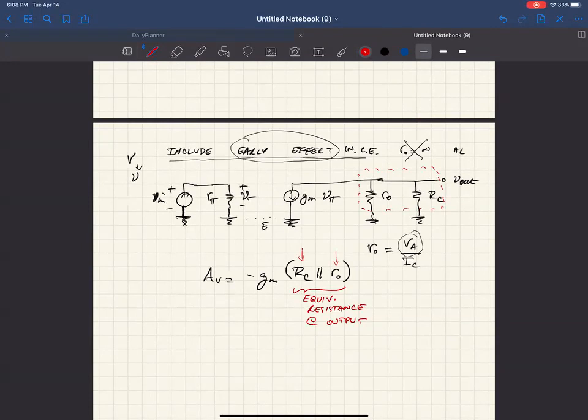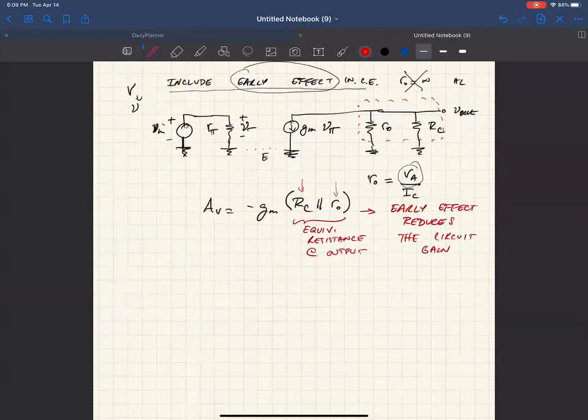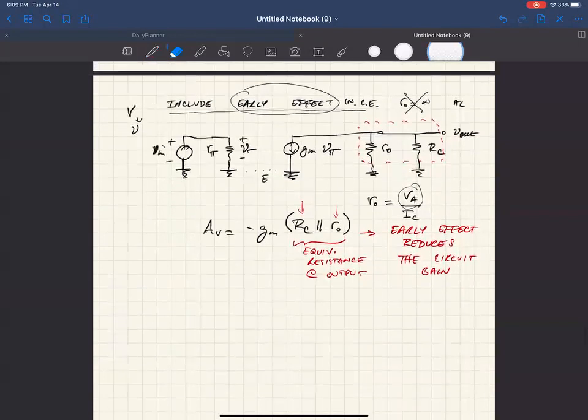So what the early effect does, the early effect reduces the circuit gain. Adding that, basically just put it in parallel with whatever external resistance you had, but it has the effect of reducing the gain.